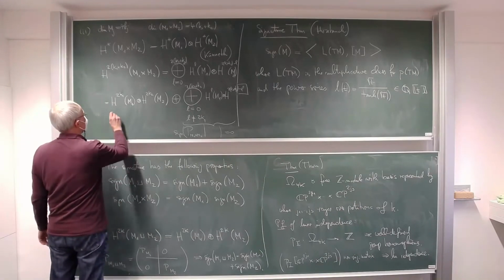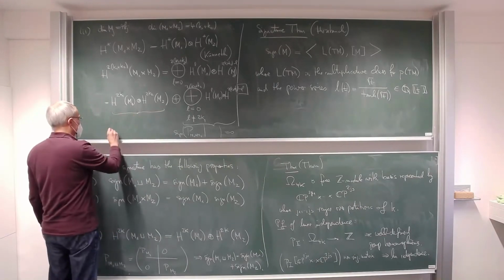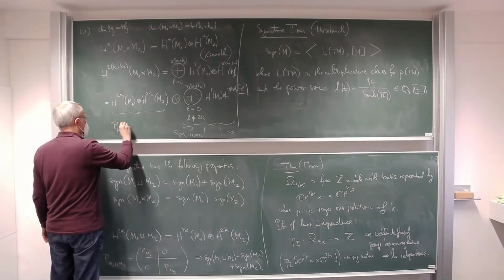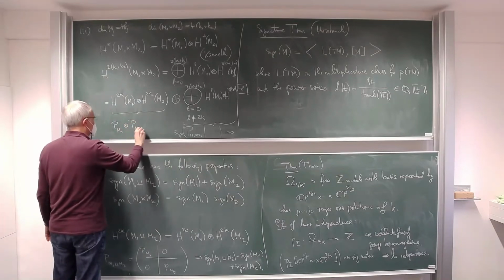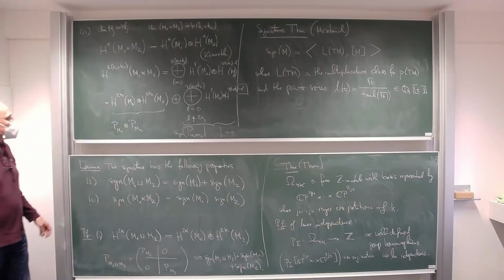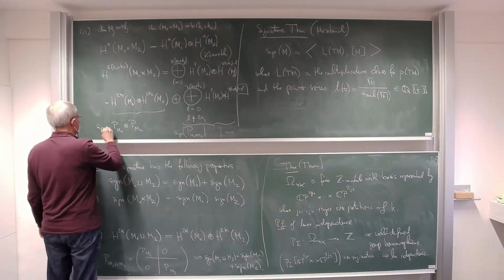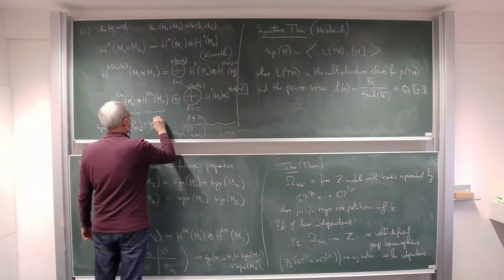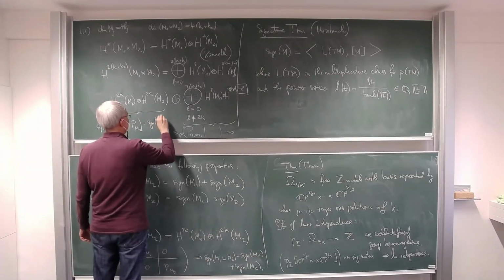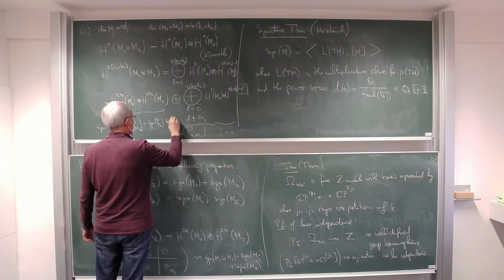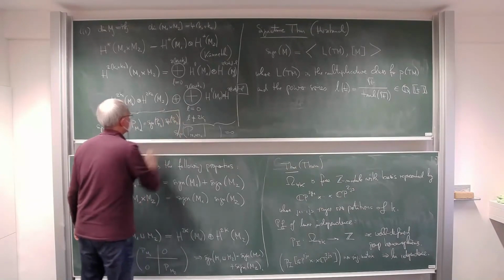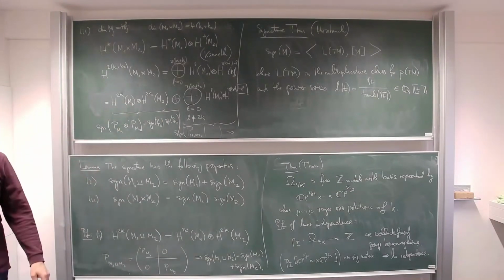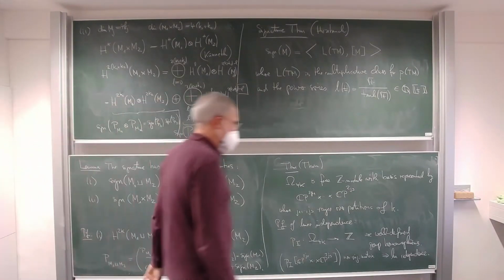And here, this part is exactly, this gives me the Poincaré map of M1 tensor the Poincaré map of M2 on this tensor product, whose signature is then just the product of the individual signatures. So the whole signature really comes only from this part of the cohomology. Maybe we'll leave it at that.